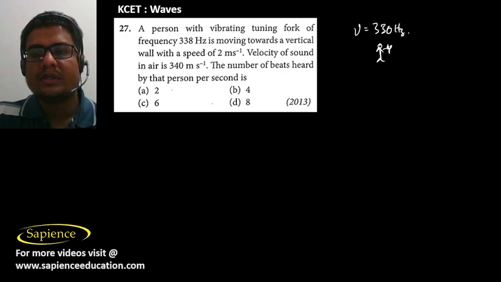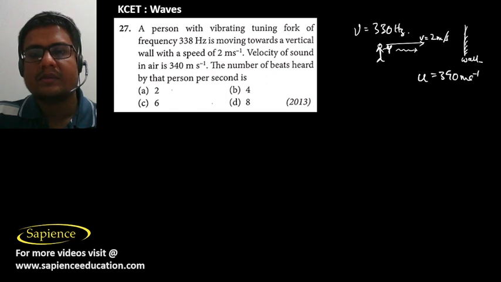So he is moving towards a vertical wall. So his speed is 2 meters per second. And he is moving towards the vertical wall. Velocity of sound in air u is 340 meter per second.